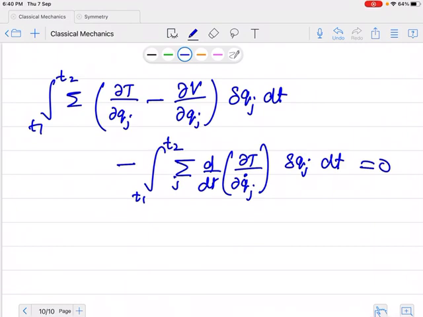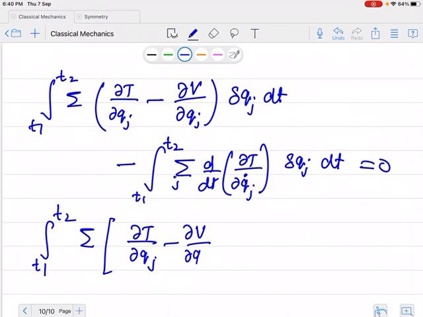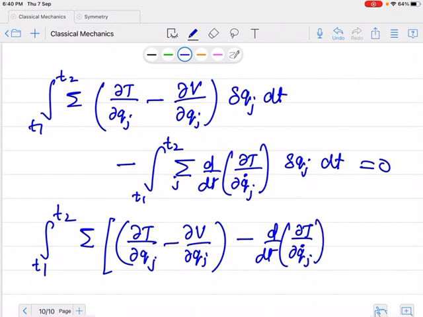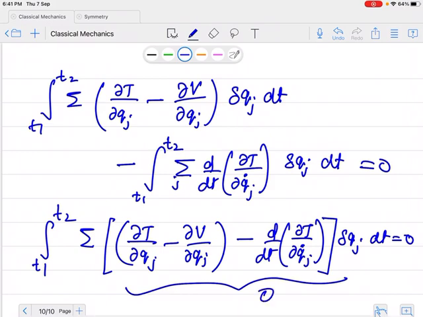Or combine both equations together. Since each delta qj is independent of the others, the coefficient of every delta qj should be equal to 0. So it should be 0.